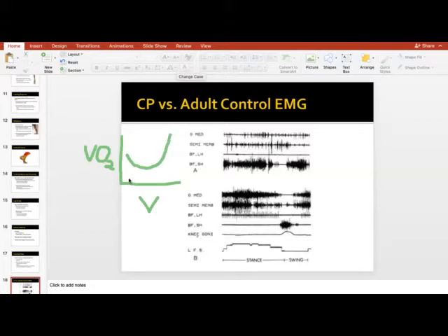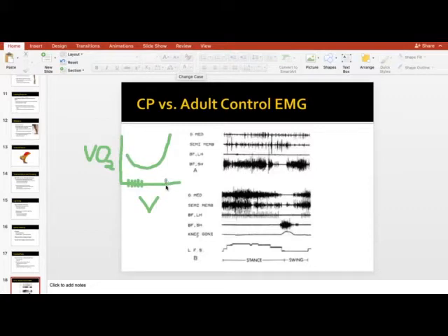Now, if I walk too slow, I have to use my muscles eccentrically, and I have to kind of fire my muscles ineffectively if I'm walking too slow at a low enough velocity. If that's the case, my muscles have to overwork in order to slow themselves down enough, and the amount of oxygen that's utilized is going to increase at very low walking speeds.